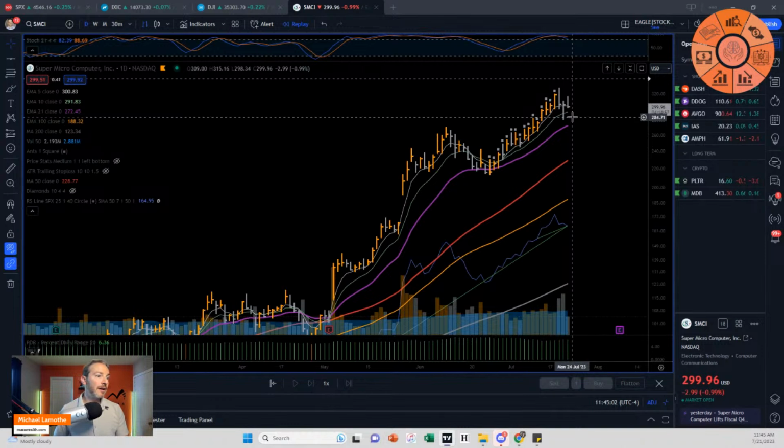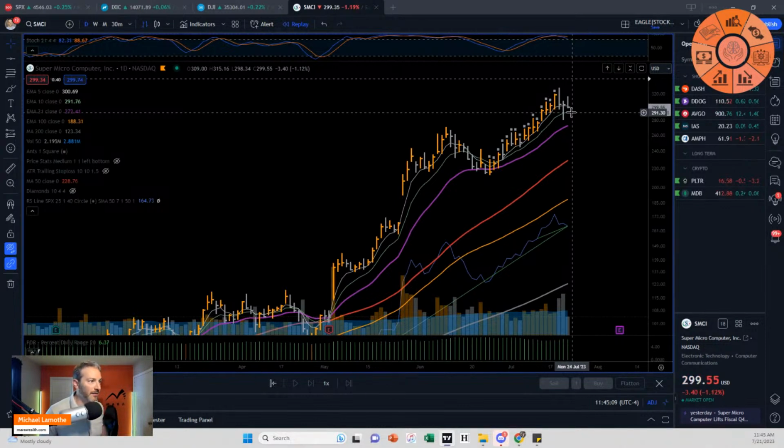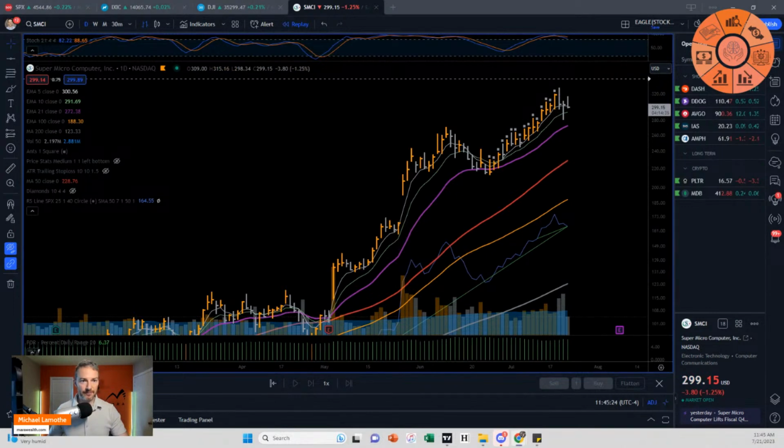And you can see here that it's already beginning to reverse. So anyhow, that's how we can get into some of these momentum trades, some of these big momentum growth names, ride them, sell into strength, lock in profits, and a lot more.